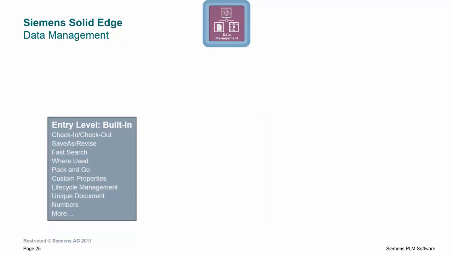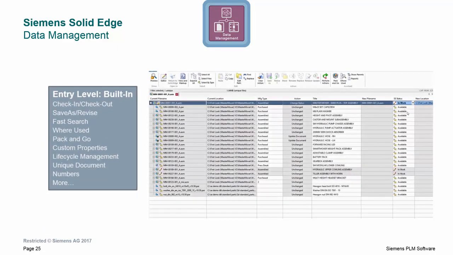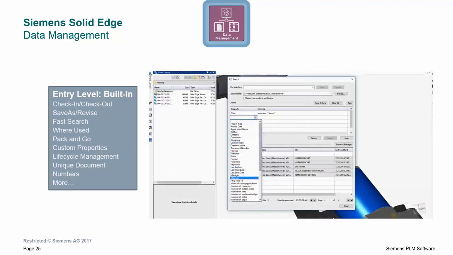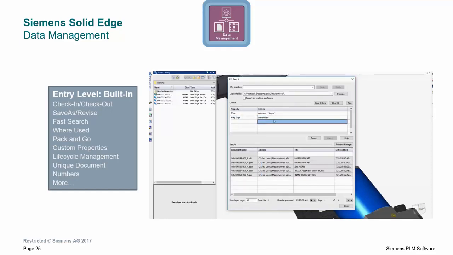First, our entry-level solution, built-in data management. Built-in is delivered free with every seat of Solid Edge and requires no IT overhead, as it leverages Windows indexing and file control functionality.